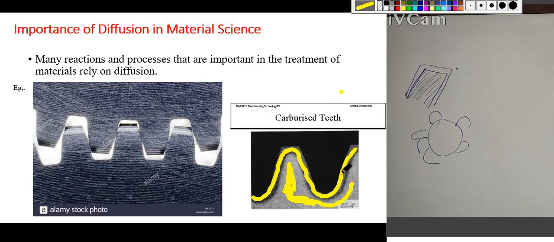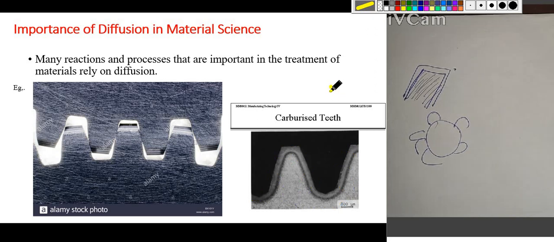And in the surface area the carbon concentration is high, so the wear resistance of the teeth is also improved. So by this carburizing process, we got teeth with wear resistance as well as a gear with high machinability. That is the advantage of the carburizing process.